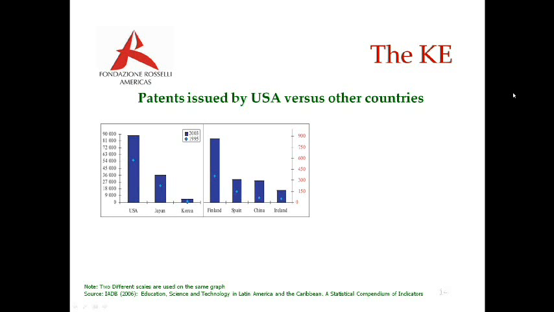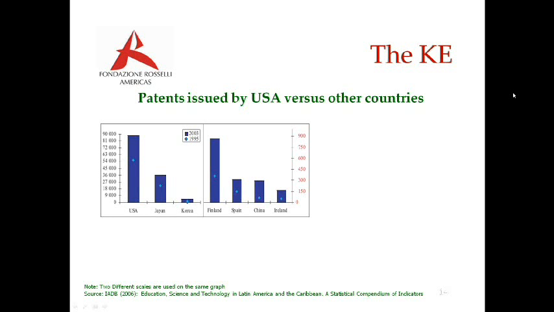If you look at the two graphs here, I kindly ask you to pay attention to the scale. The one on the left is from zero to 90,000, versus the one on the right, which is from 0 to 900. And this is data extrapolated from a book that I contributed to during my work at the IDB.